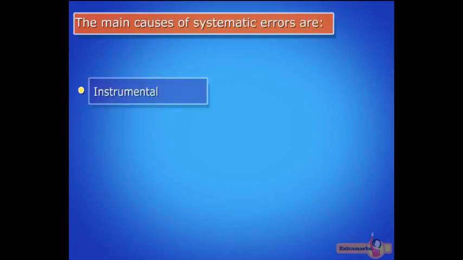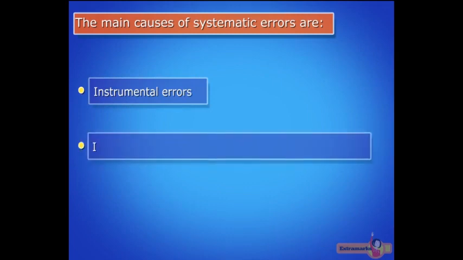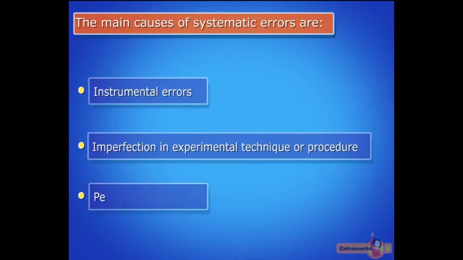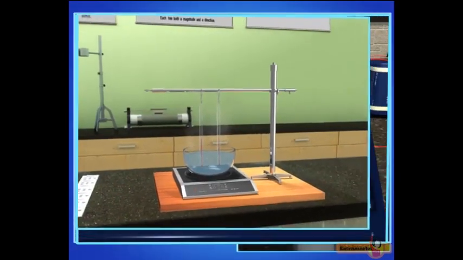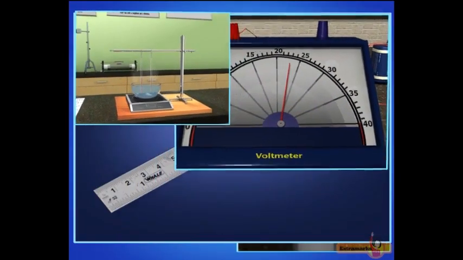The main causes of systematic errors are instrumental errors, imperfection in experimental technique or procedure, and personal errors. Instrumental errors.